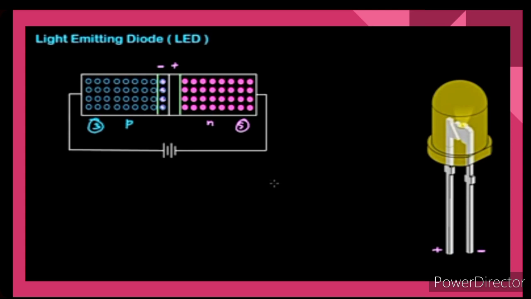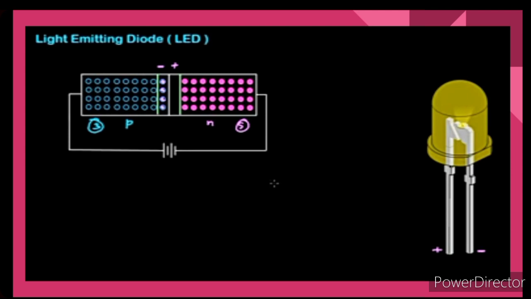When a light emitting diode is forward biased, free electrons in the conduction band recombine with the holes in the valence band and release energy in the form of light. The process of emitting light in response to a strong electrical field or flow of electrical current is called electroluminescence.